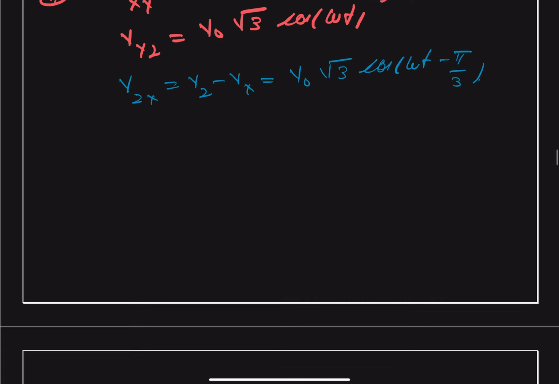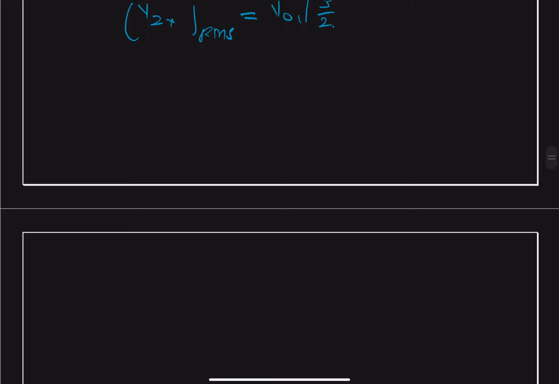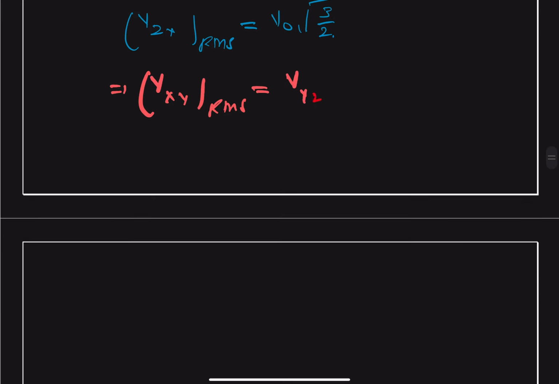And for this also the RMS value, that our Vzx RMS will be equal to V0 square root of 3 divided by 2. So in all the three cases we found out that Vxy RMS is equal to Vyz RMS, and this is equal to Vzx RMS.